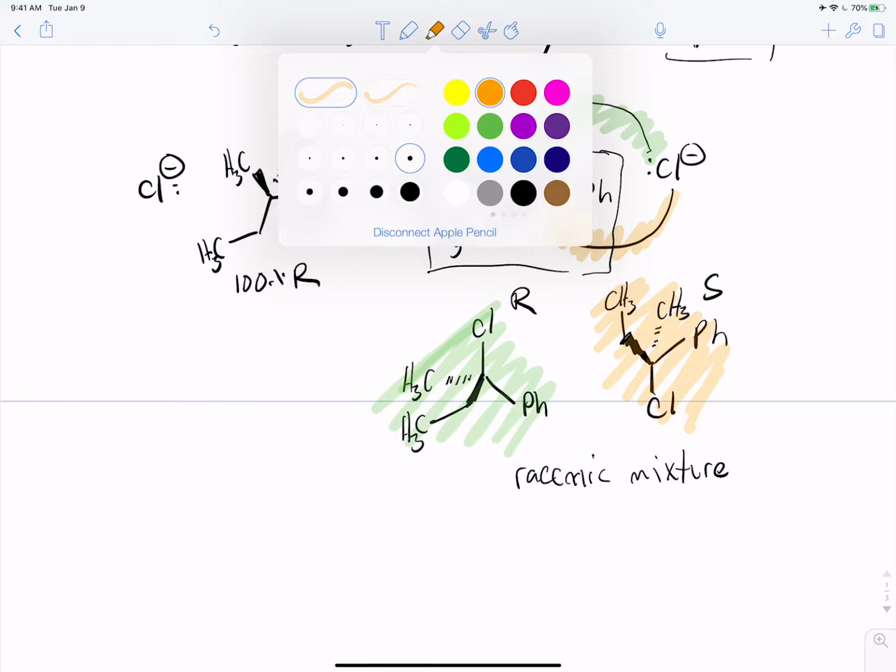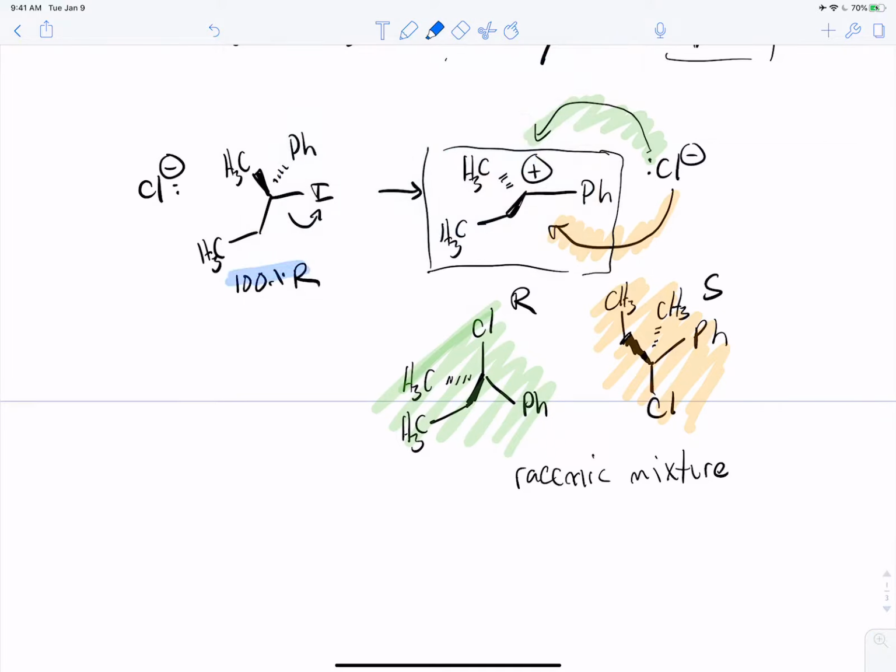if you want to think about it in terms of information, here I have this information about this molecule that it was 100% R. And that information is held in the three-dimensional orientation of all these different substituents to each other.